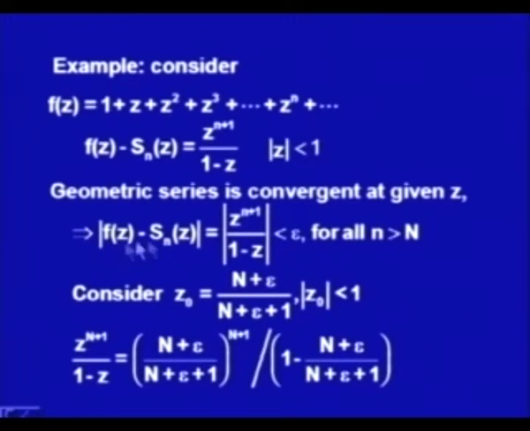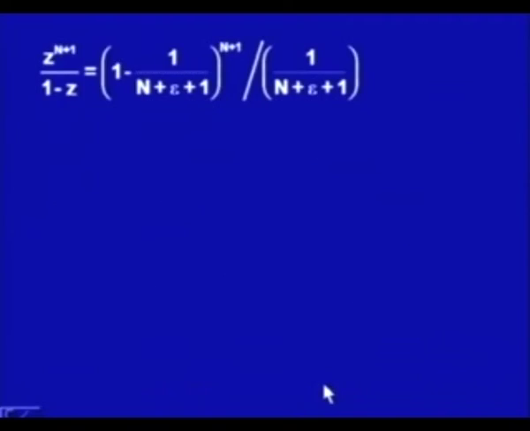Now, we consider z naught as a slightly different point, n over n plus 1 or similar. We can notice that still z naught is less than 1, but for this z naught we can say that z raised to power n plus 1 over 1 minus z, if you simplify this expression, comes out to be this, and further simplification yields this.